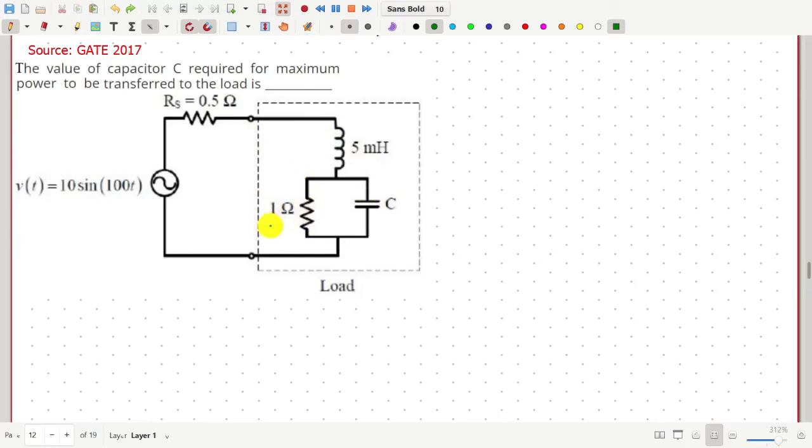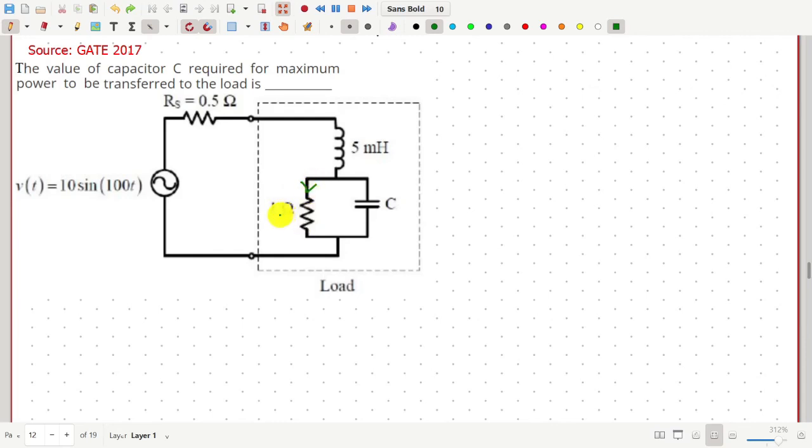So please notice that load power implies the power dissipated by this resistance alone, because inductor and capacitor cannot consume any power. So the load power is the same as the square of the current through this resistance multiplied by 1 ohm. So to get maximum power here, we would like to get maximum current through this resistance.